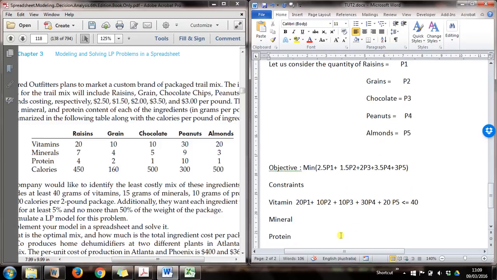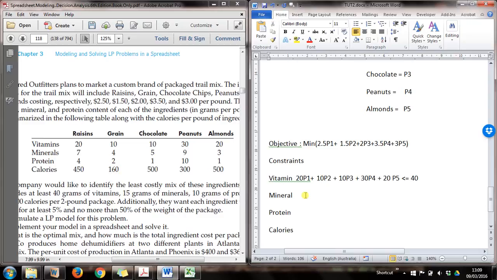Similarly, for minerals it would be 7 P1 plus 4 P2 plus 5 P3 plus 9 P4 plus 3 P5, and it should be at least 15 grams.